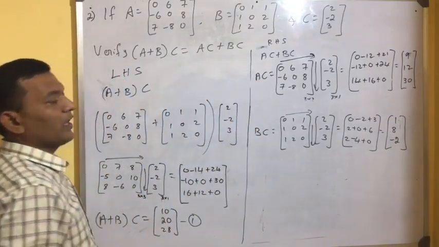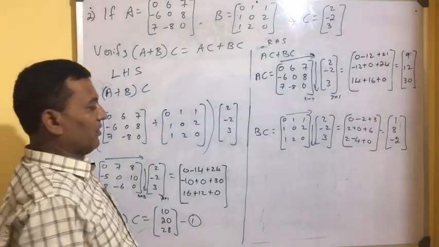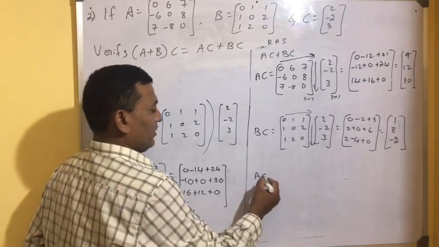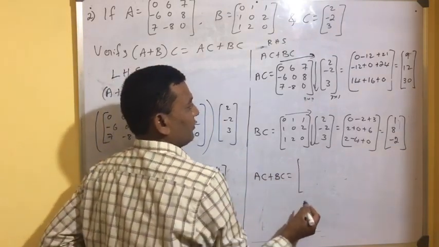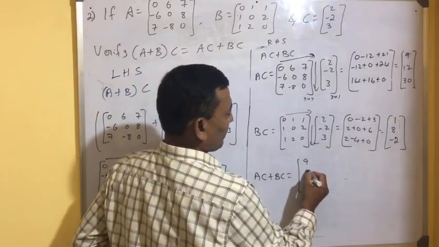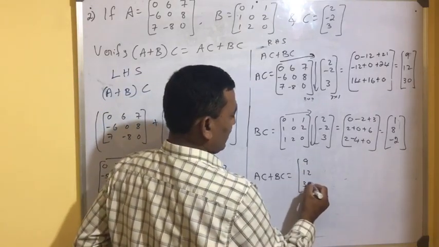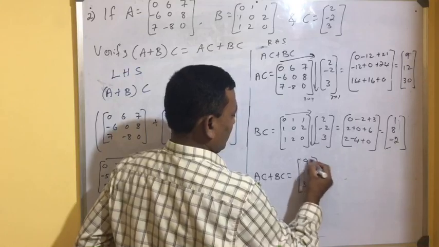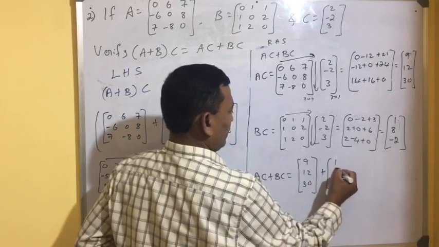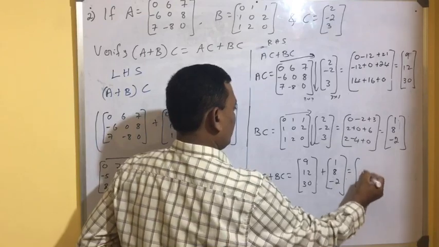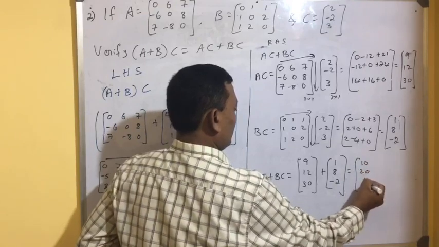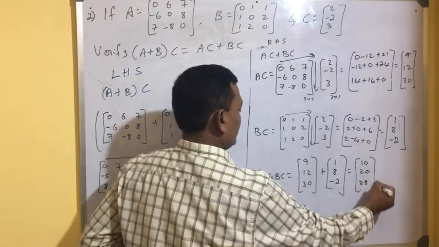So we got both AC as well as BC. Now we will find out AC plus BC, which is equal to AC is 9, 12, 30, and BC is 1, 8, minus 2, which is equal to 10, 20 and 28.